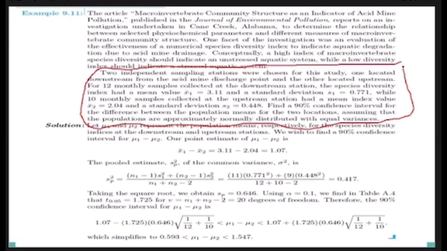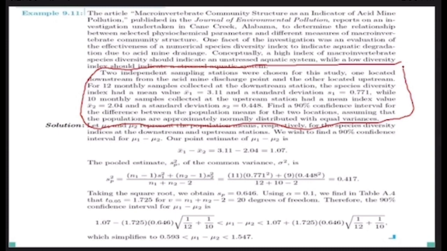Because they say with equal variances, you're going to use the idea of a pool variance. We use the idea of a pool variance whenever we are trying to construct a confidence interval for the difference of means when the population variances are not given, but they are assumed to be equal. Does that make sense? That's what we're going to do here.